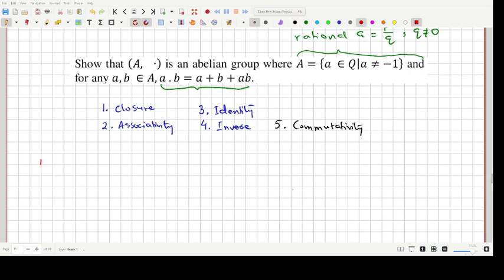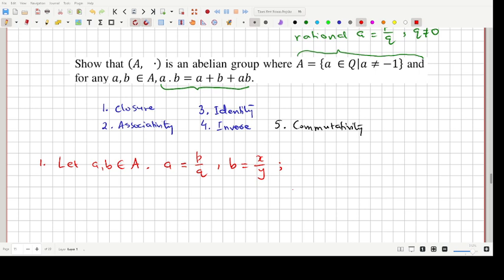So the first property that we want to prove is the closure property. So let a and b belong to capital A, right? And since a and b belong to capital A, they satisfy being rational and not being equal to -1. So let us assume that a is equal to p by q and b is equal to x by y, and the conditions are as follows.